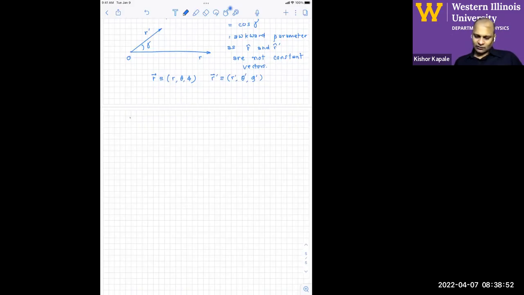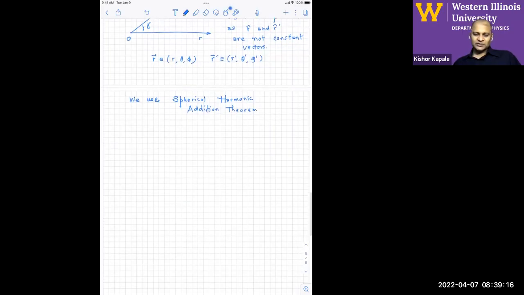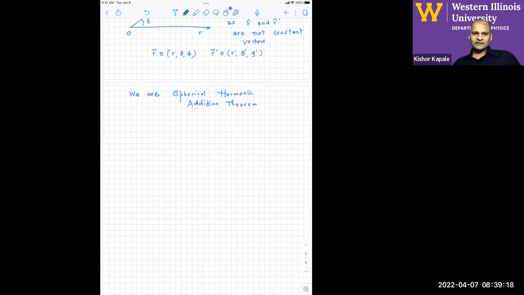So we use something called a spherical harmonic addition theorem. There are certain specific ways of adding the spherical harmonics to arrive at the Legendre polynomial.